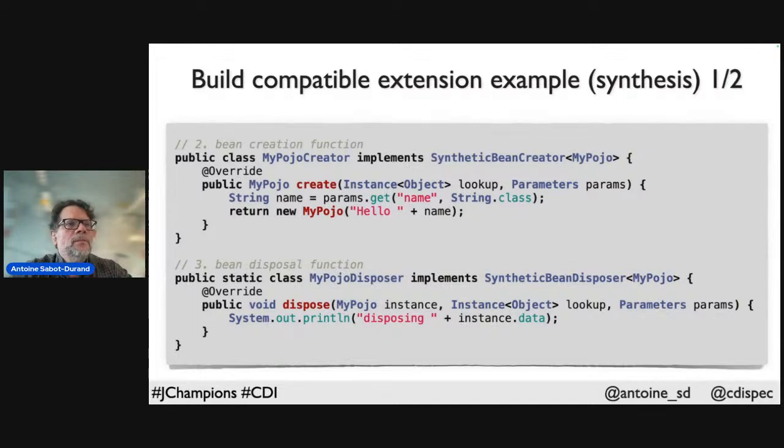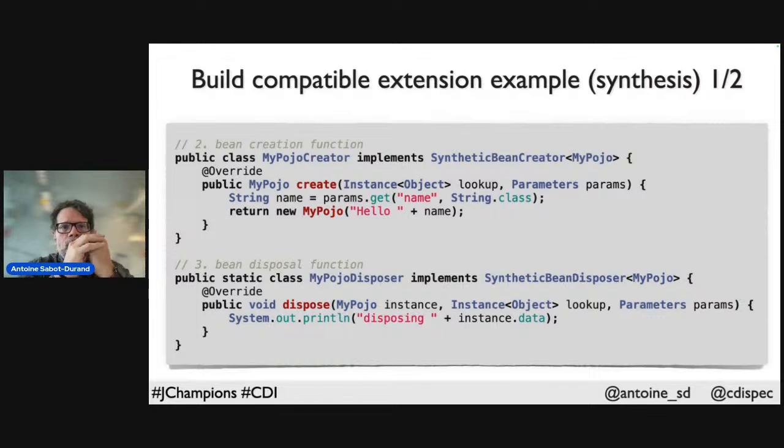Here I won't use the lookup object, and I will only get in the params list the param called name, and I will use the constructor of the myPojo class and create a new instance with the name I get in the params. When I want to dispose the bean, so I have an instance I want to destroy, the instance of this bean.